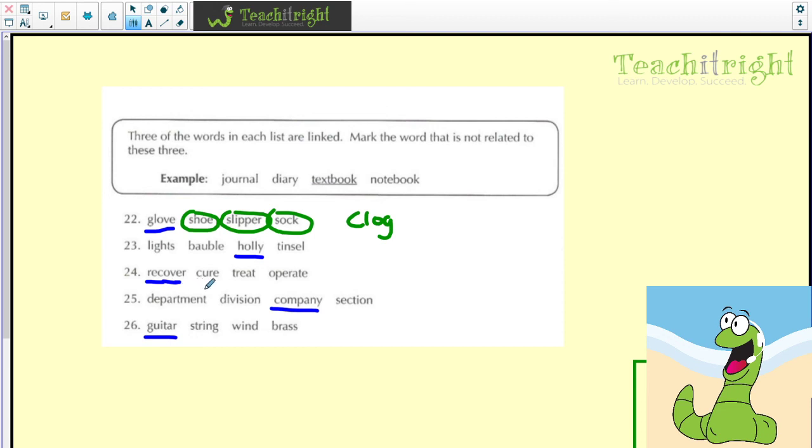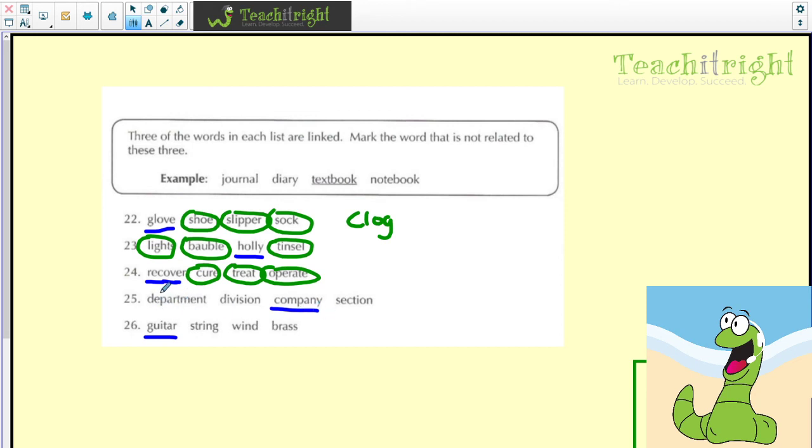And then you've got cure, treat and operate. We've got recover as the odd one out there, because all the other three are verbs associated with making somebody feel better if you cure or treat or operate on them.